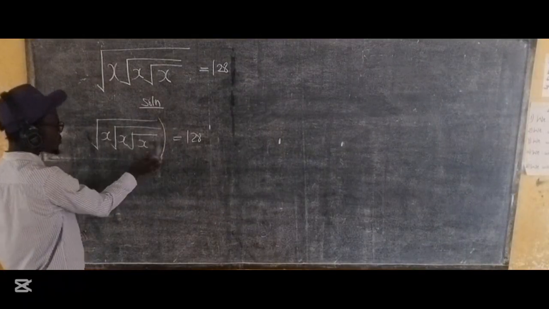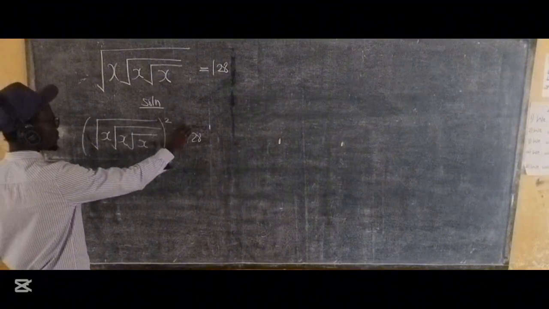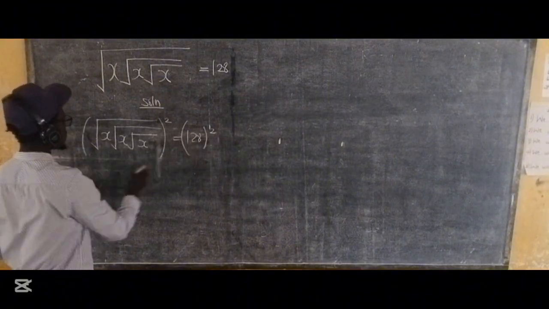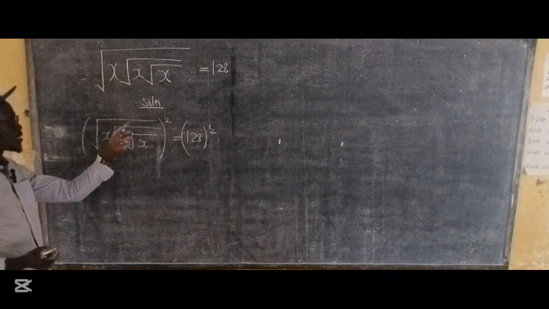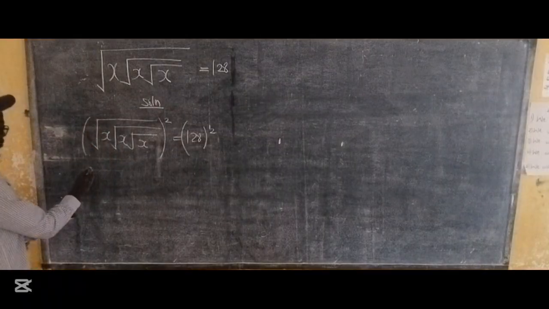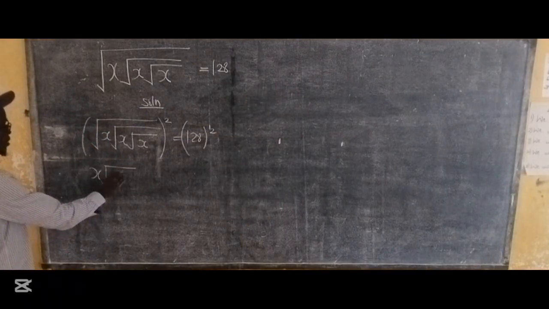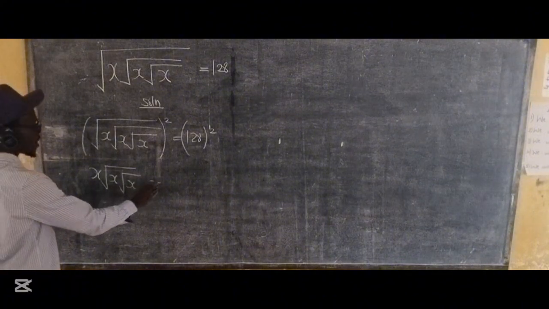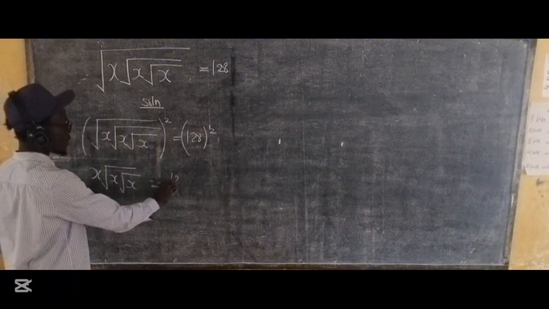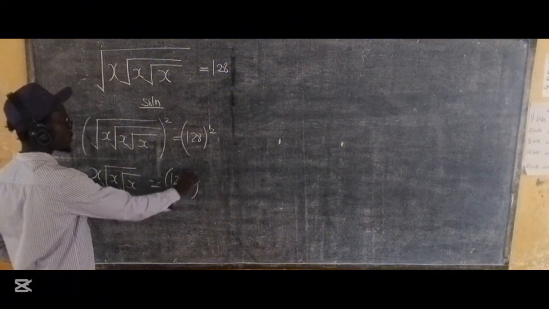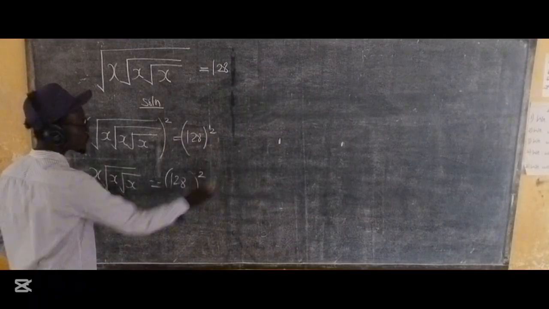If you square both sides, we get rid of the first square root. That is x times the square root of x times the square root of x equals 128 raised to the power 2.